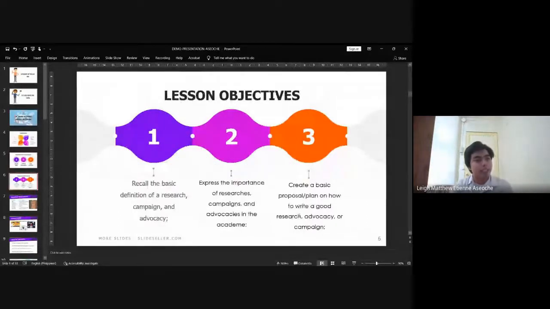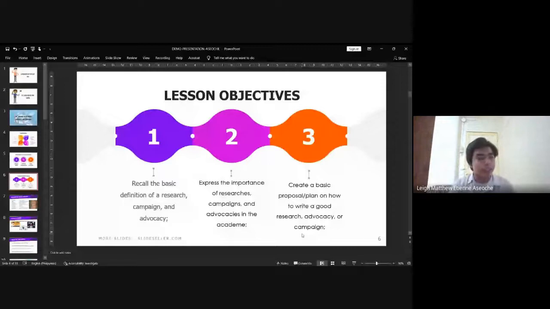At the end of this lesson, you as learners are expected to be able to do the following. First is to recall the basic definition of a research, campaign, and advocacy. Second is to express the importance of researches, campaigns, and advocacies in the academic setting, or in school, in simpler terms.